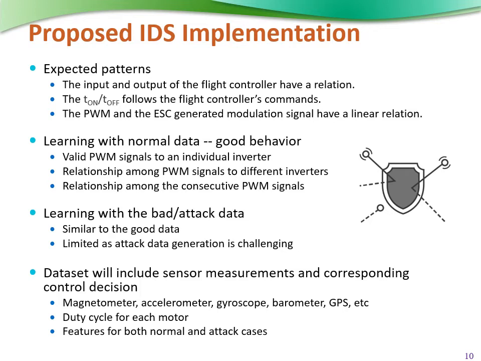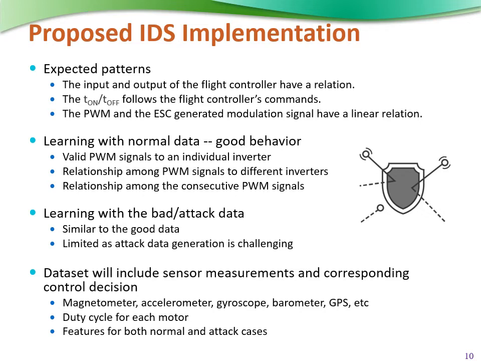And lastly, the consecutive PWM signals, the relationship they have between different time frames. We will train using the bad data as well, but the attack data set will be limited compared to the good data set because we will implement this attack and collect the data.